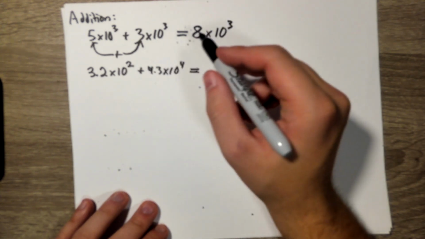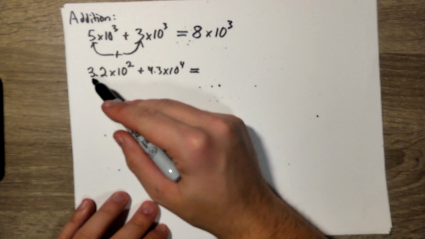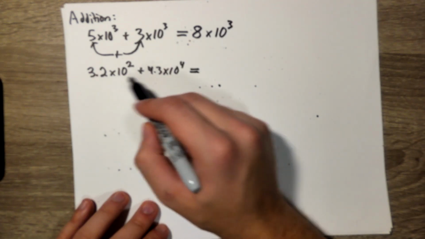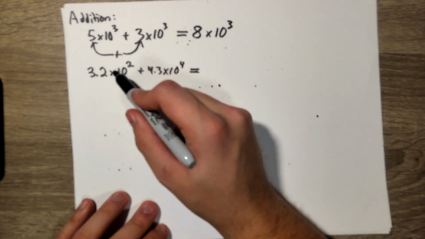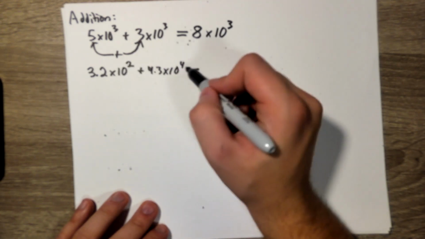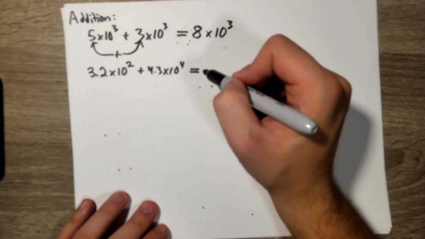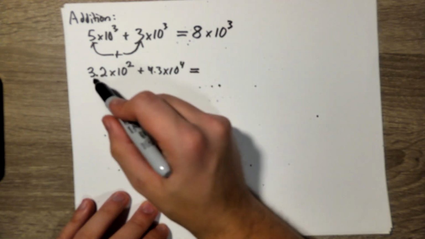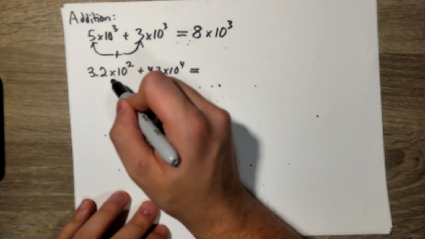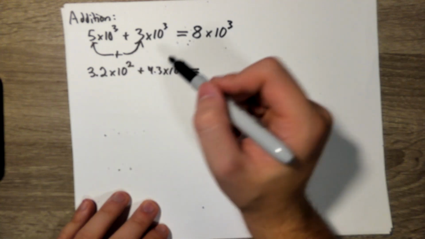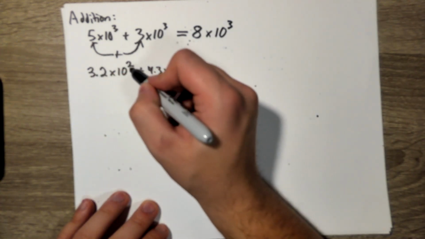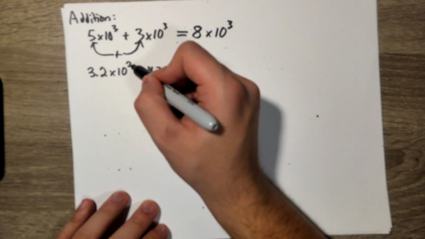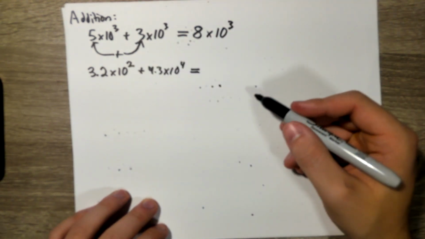So what we do is express both in the same form. That is, have both of them be 10 to the 2 or both 10 to the 4. We're going to express this value as 10 to the power of 4. How we do that is we move the decimal over and compensate in the exponent.